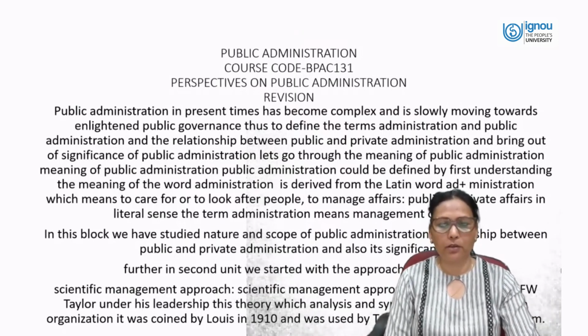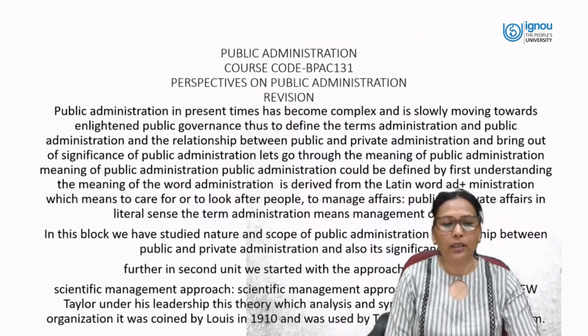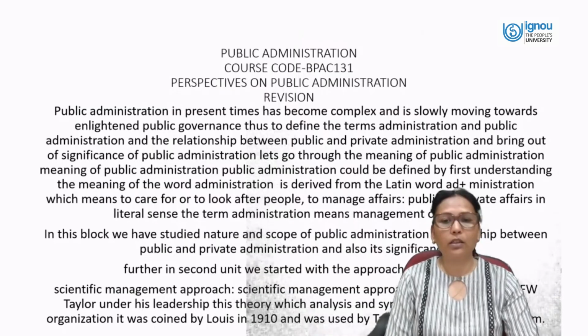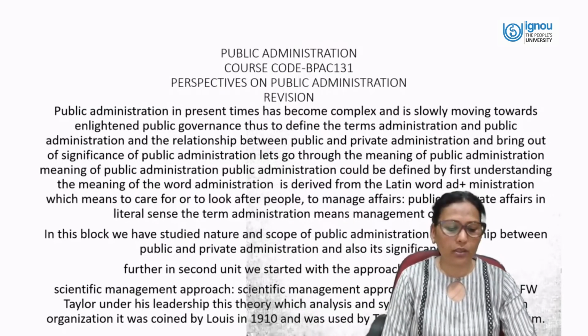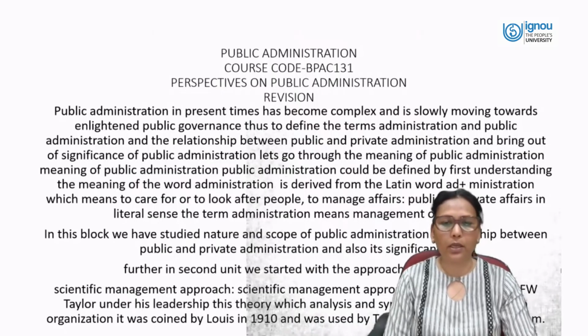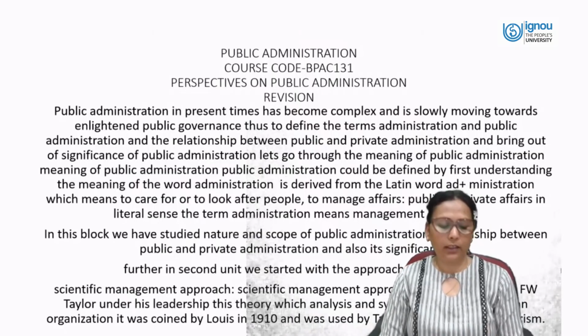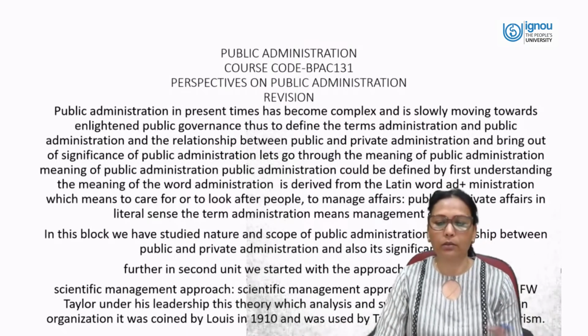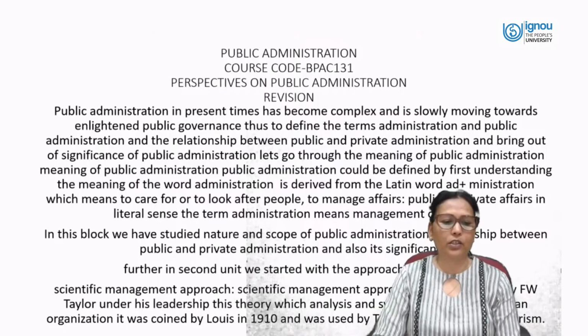So altogether, we have studied the meaning of public administration, the nature and scope of public administration, and also the 17 approaches in this unit of Perspective on Public Administration. I'll go through all the approaches quickly for the definitions' sake.